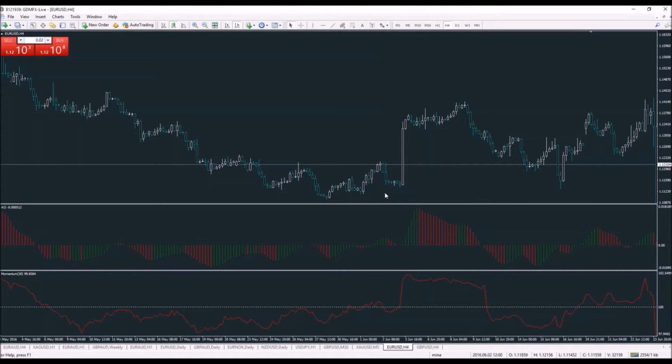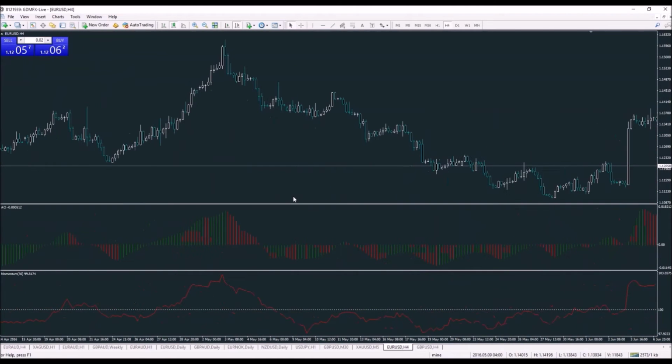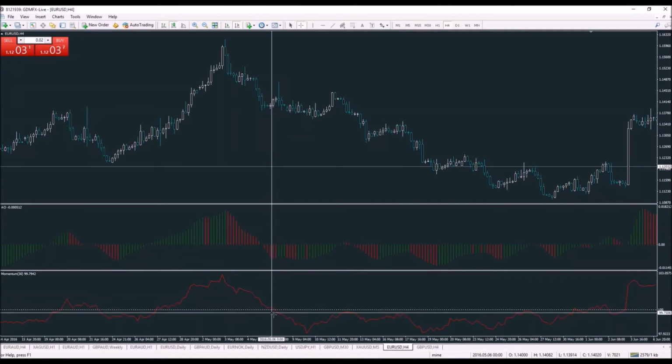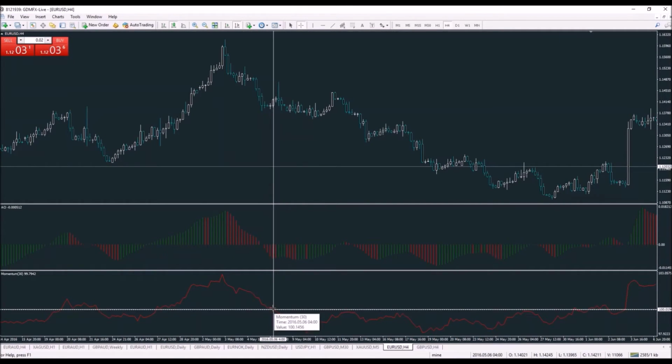So the system is set up so well that these particular cases are filtered out up to 70% from the settings of the system itself. And the next particular cross on the momentum here is where we see this particular case cross over here.